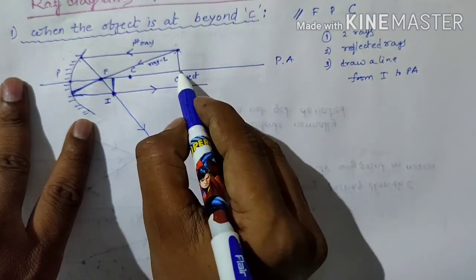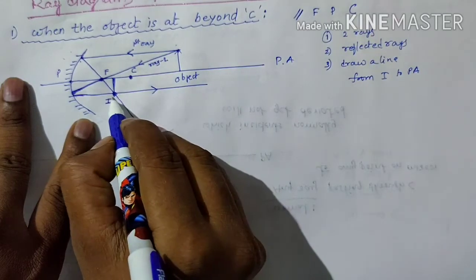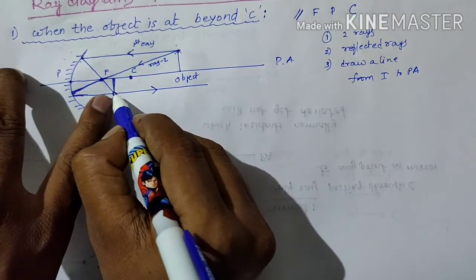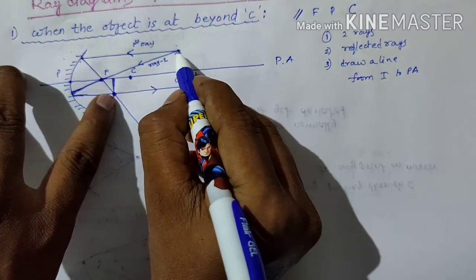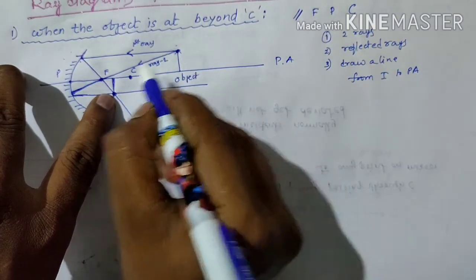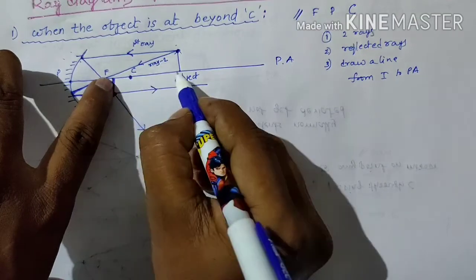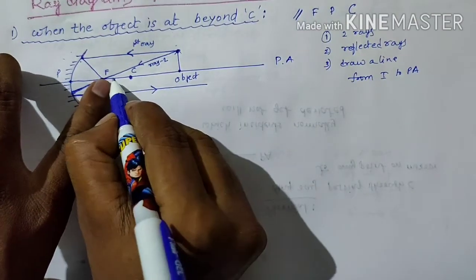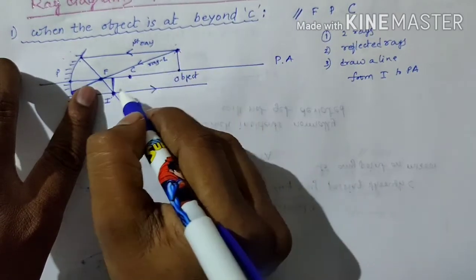Here this is the object and its image is found here. This particular point is the image of this particular point, and this is the image of the base of the object.